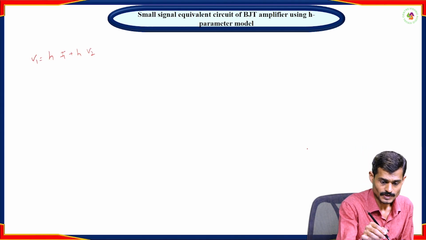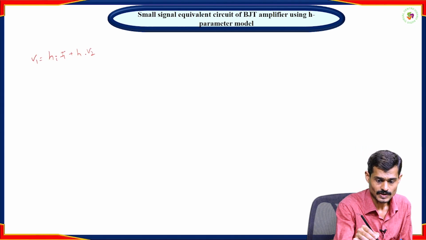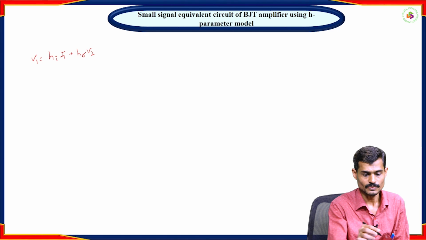So V1 equals HI into I1 plus HR into V2.